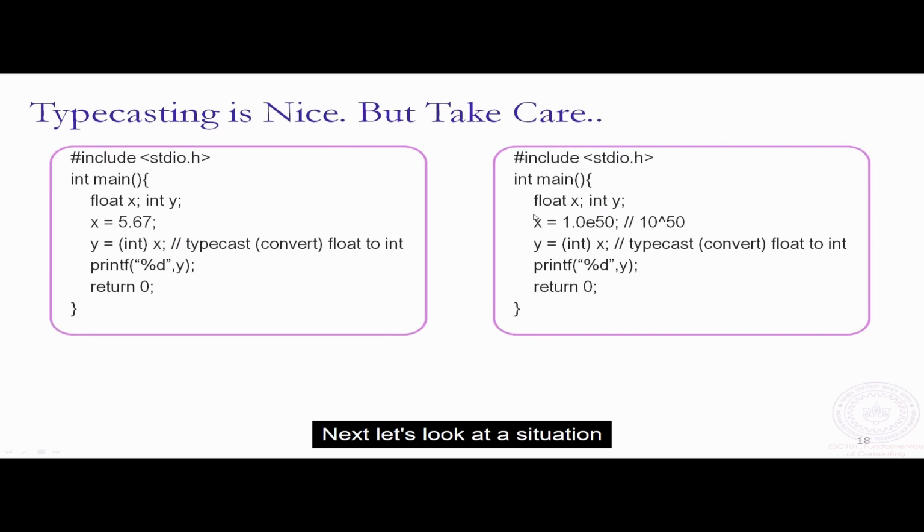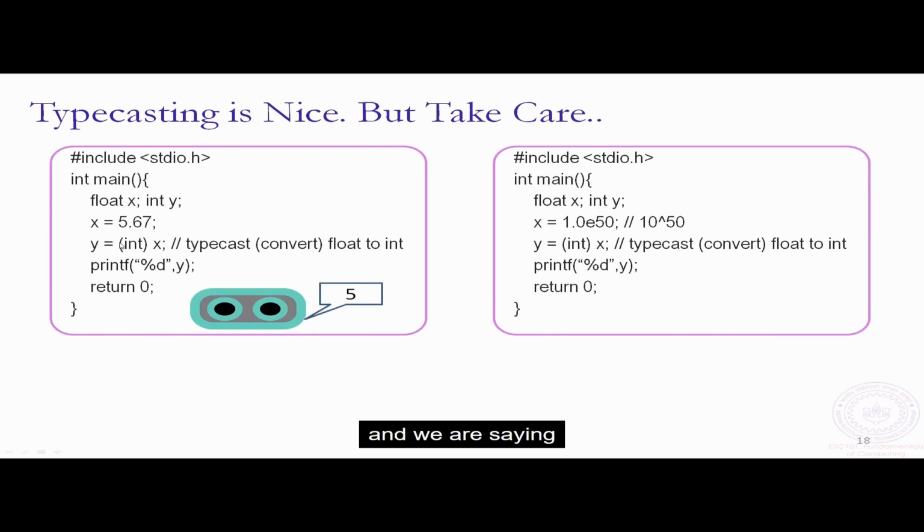Next, let's look at a situation where typecasting actually gives us bad results. So here we have this integer y, and we are saying that we'll set the integer y to the value of int x. So x is a float. We typecast it into y. So this becomes a demotion.